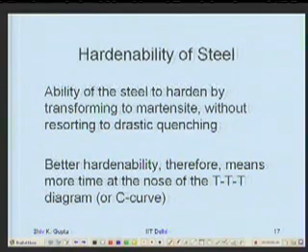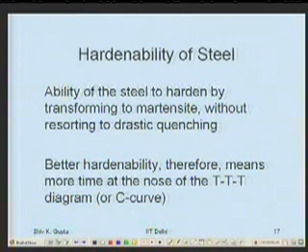The temperature difference between the exterior and the interior is not there. As a matter of fact, the ideal situation would be interior and exterior both at the same temperature. There will be no differential contraction taking place. So for better hardenability, we have said there should be no drastic quenching.